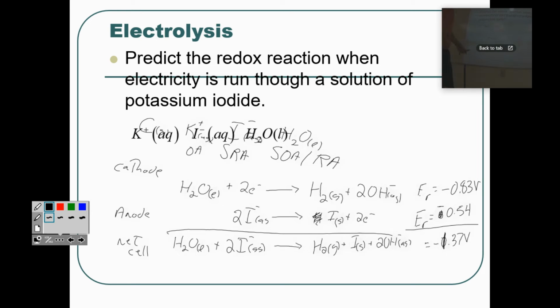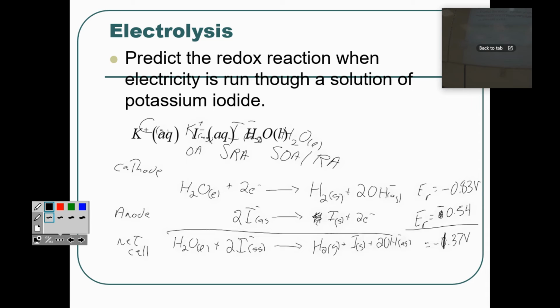So basically this is the minimum voltage that must be applied to get this cell to work. If I only apply 1 volt, it's not going to work.